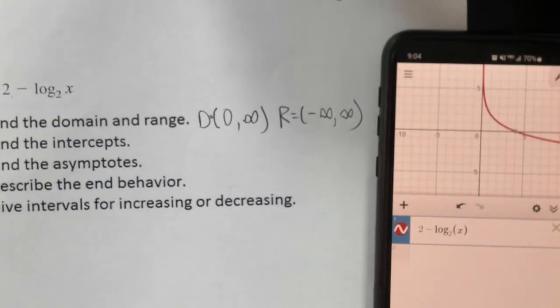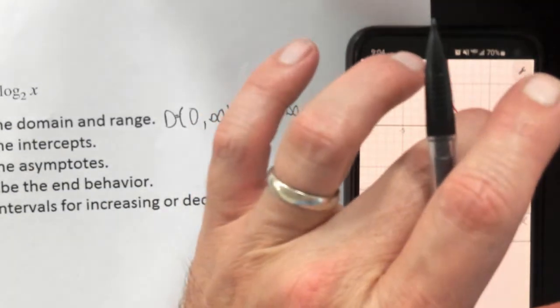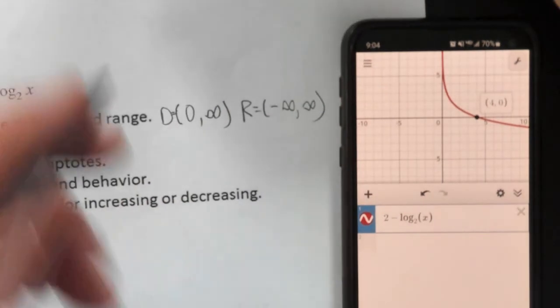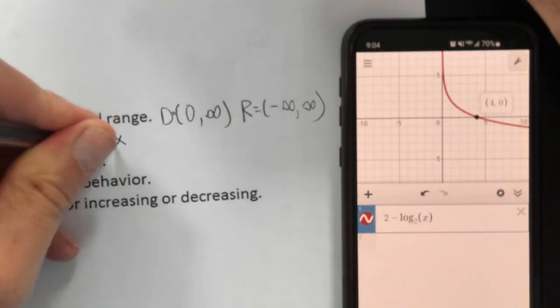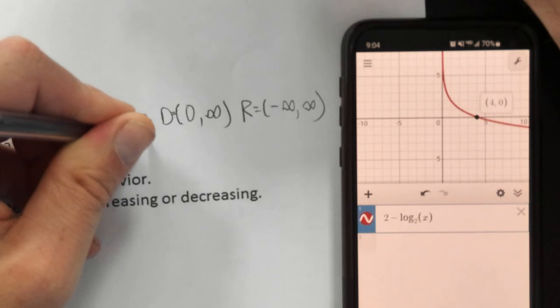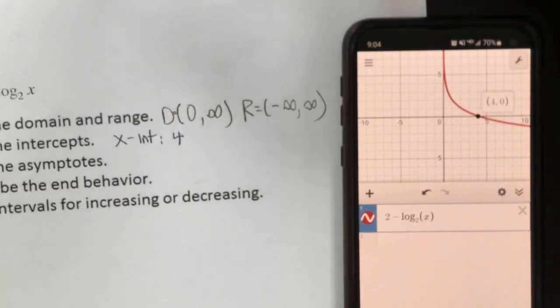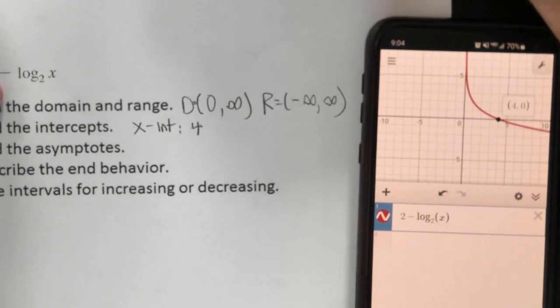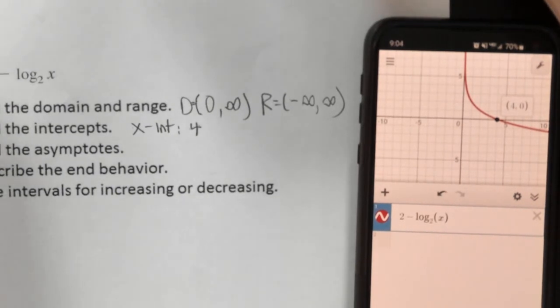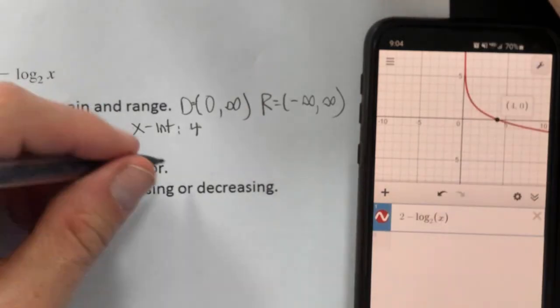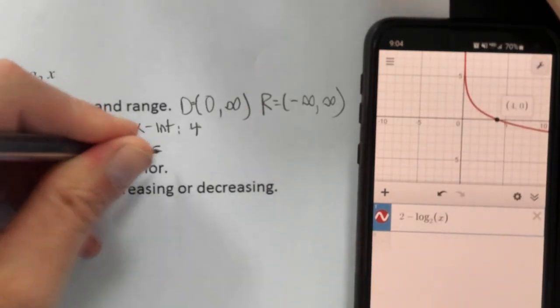Okay. What about the intercepts? There is an x-intercept. I will click there to find that it's 4. And so I can write it like this, x-intercept 4. Or writing the ordered pair, as we said earlier, would be fine. All right, the asymptotes, it does have a vertical asymptote, and we know that's at x equals 0.